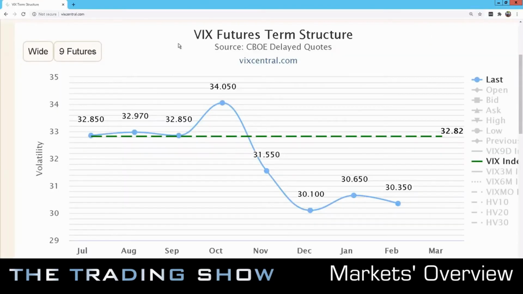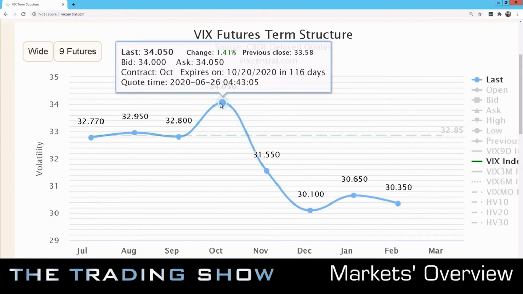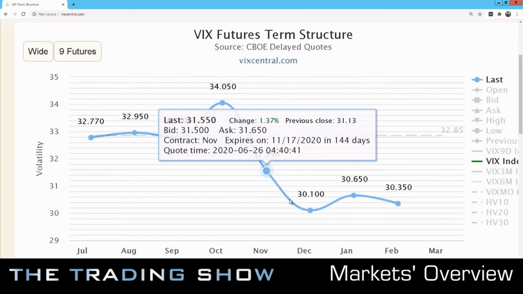If we analyze the term structure of volatility futures, we see more or less the same thing. The first 3 expiries are on the same level, then, due to the American elections, the future of October has a higher value, and finally we can see long-term volatility at a much lower level.